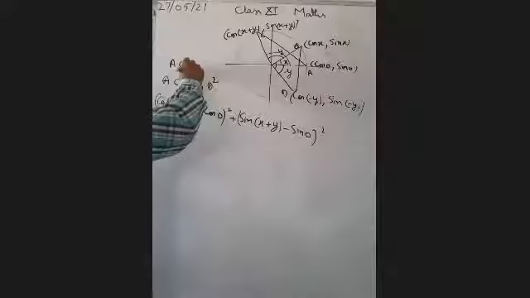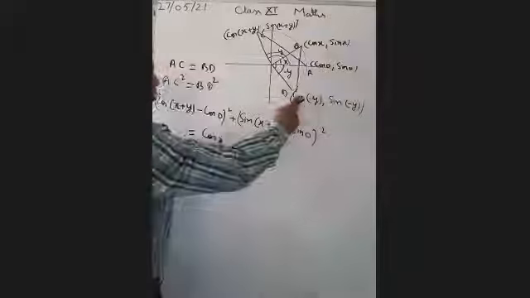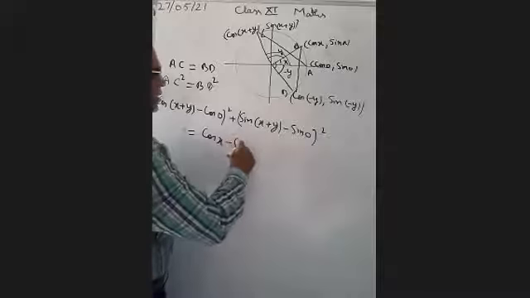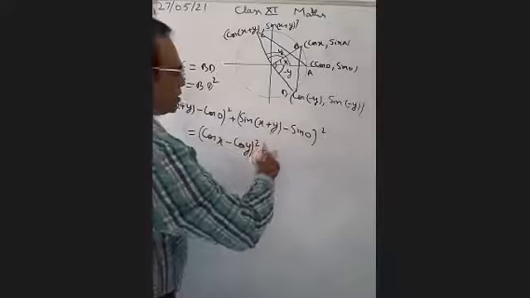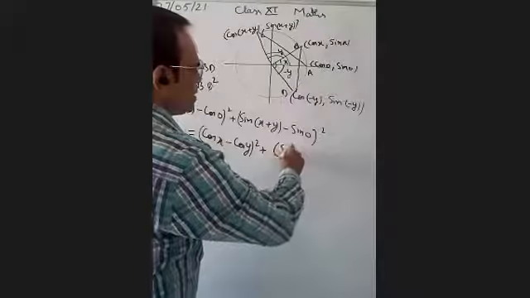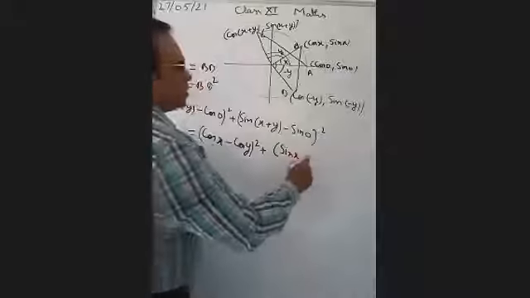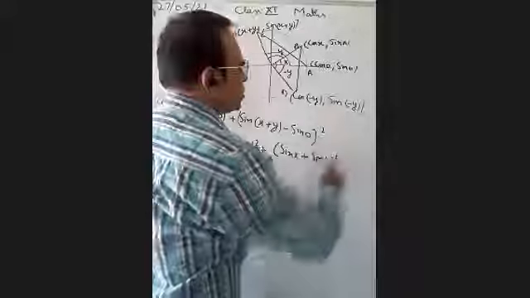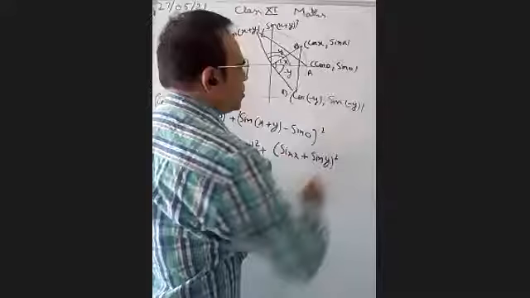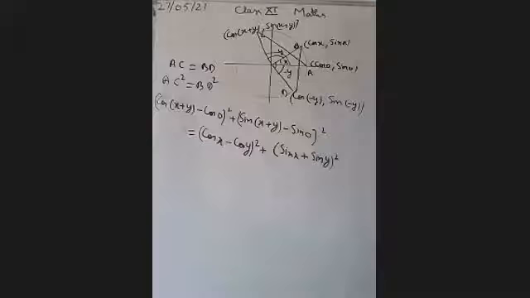Distance AC is formed by the angle x plus y. For BD, we can use this formula x1 minus x2 square plus y1 minus y2 square: cos x minus cos minus y, and cos minus theta equals cos theta, so it becomes cos y. Then sin x plus sin y square, because sin minus y is equal to minus sin theta.